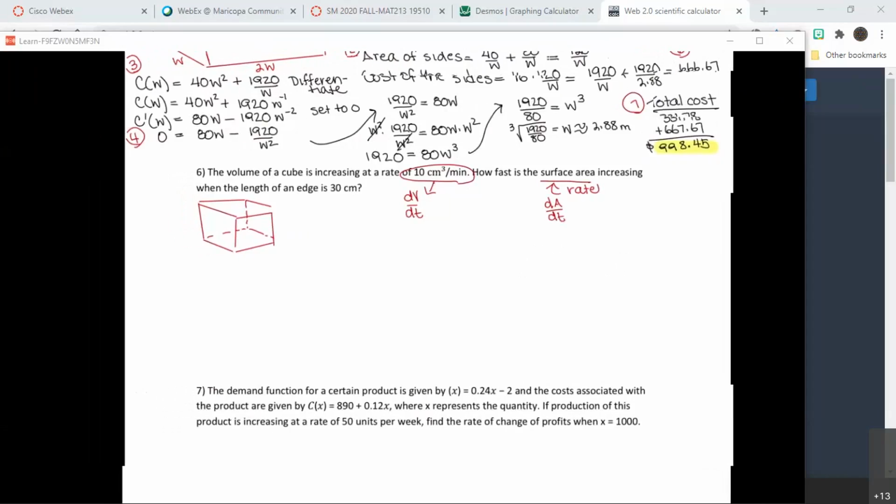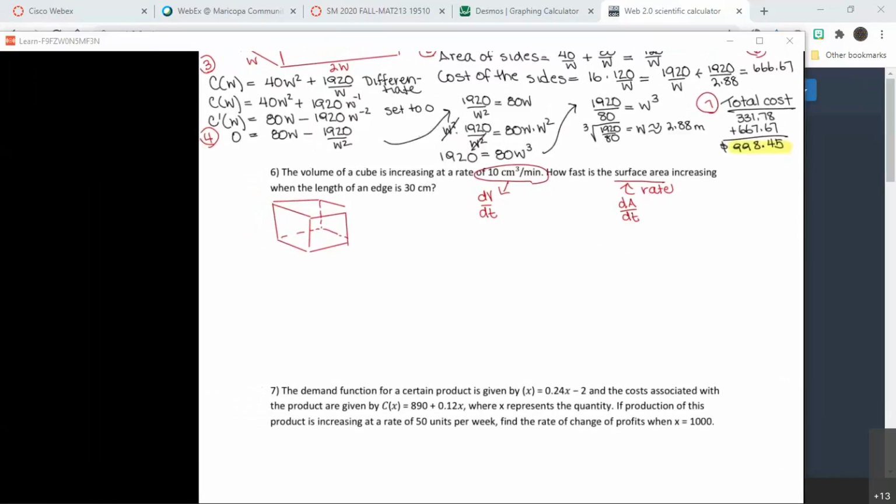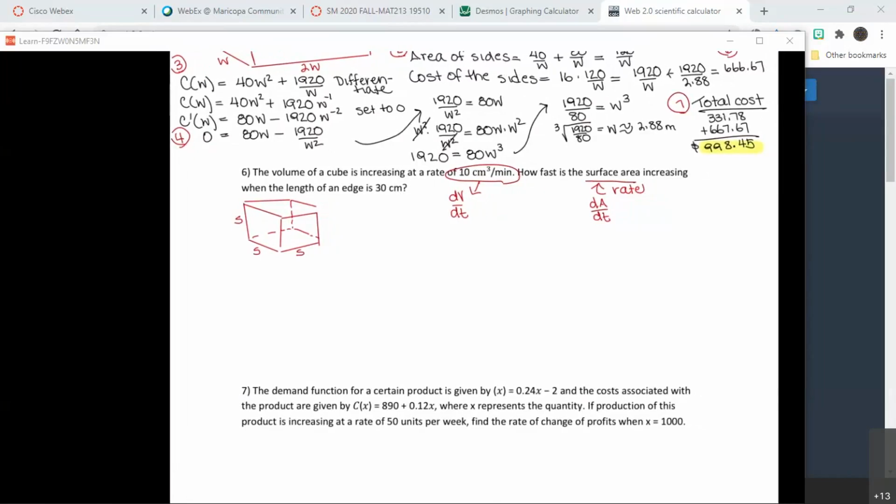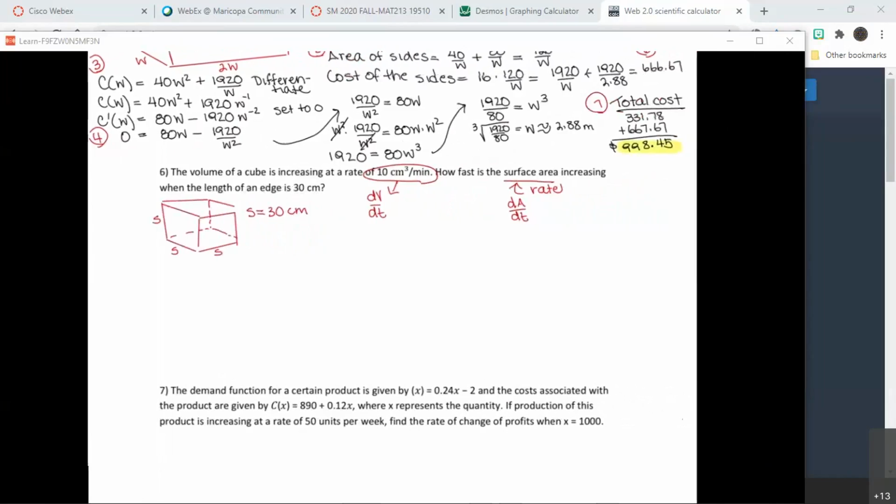So think of this cube as if it was inflated and it's growing. Every side of this cube is the same, so we only have one variable, S, and we know S is 30 centimeters at the instant we're asking the question.